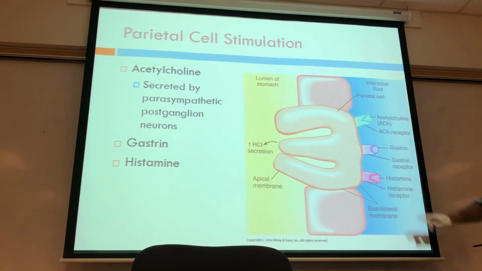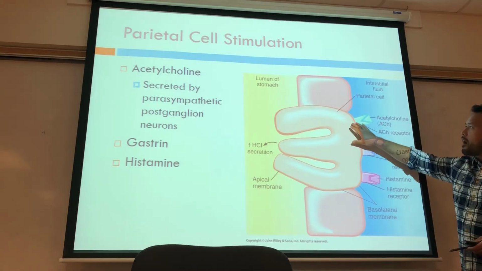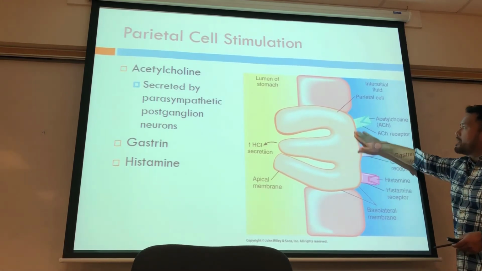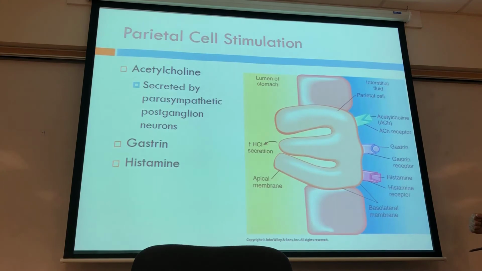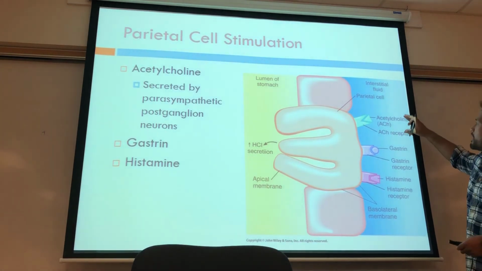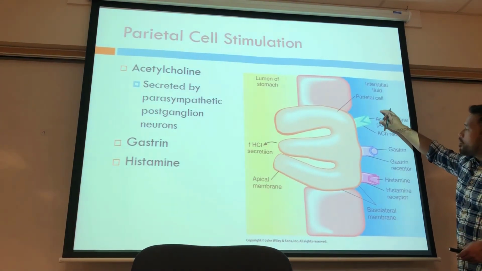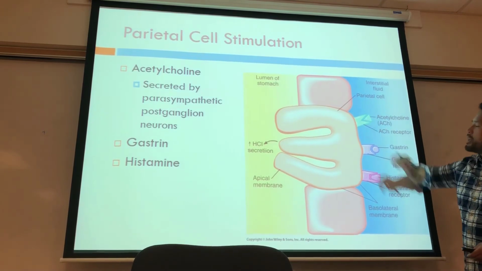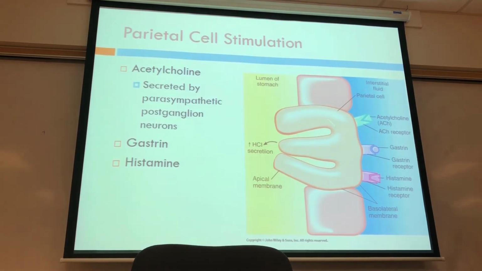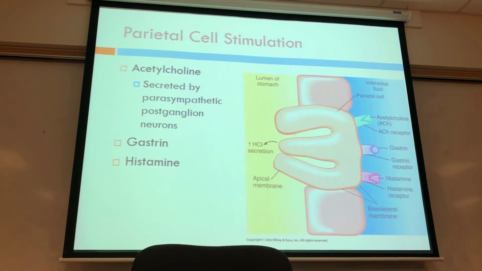So we have cholinergic neurons that are present on the basal side of the parietal cell. And as the neurotransmitter acetylcholine makes its way through, it'll come in and activate and turn on our parietal cells. Parietal cells will then undergo the process of creating hydrochloric acid, and that contributes to the low pH of the stomach. So this should make sense.